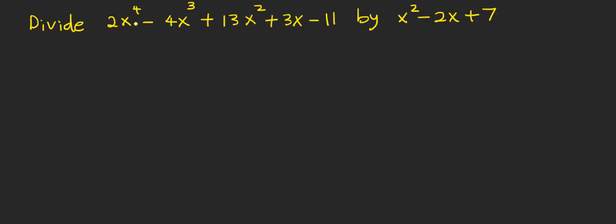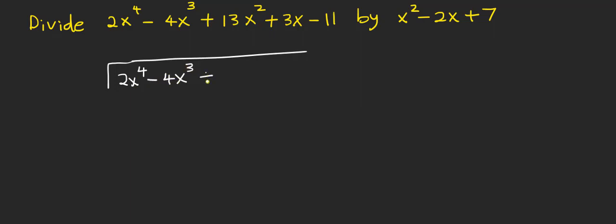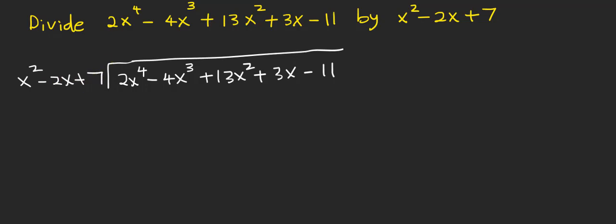Now let's divide 2x to the 4th minus 4x cubed plus 11x squared plus 3x minus 11 by x squared minus 2x plus 7. So the dividend goes inside, and the divisor goes outside. x squared goes into 2x to the 4th, 2x squared times.